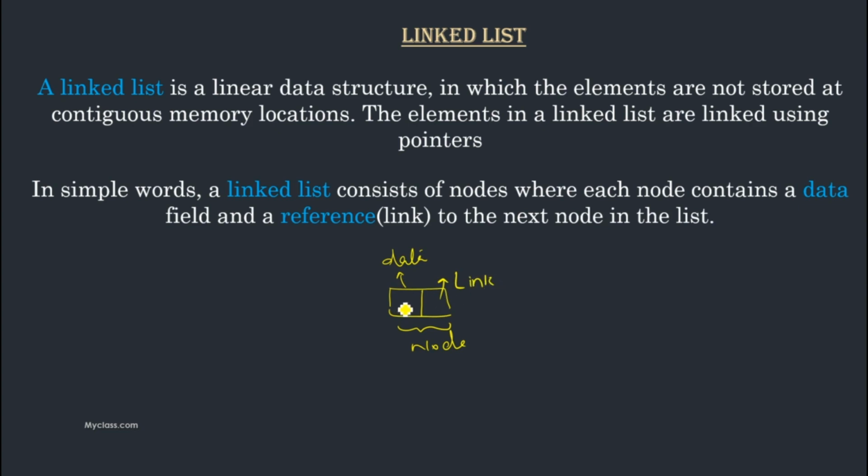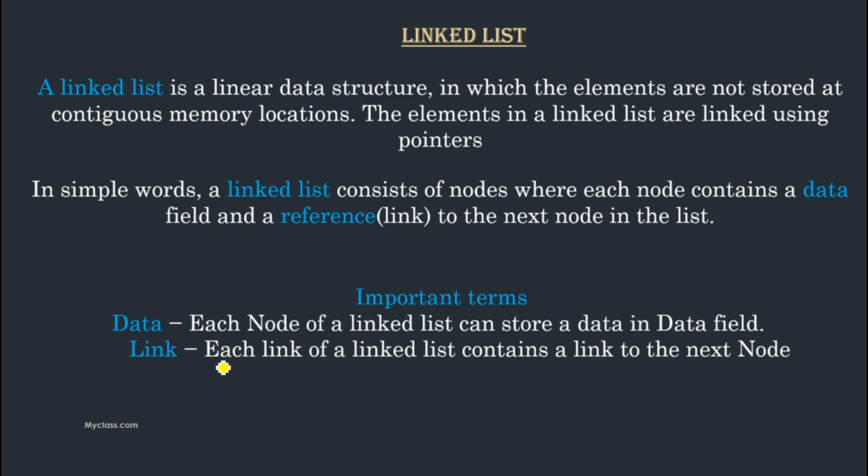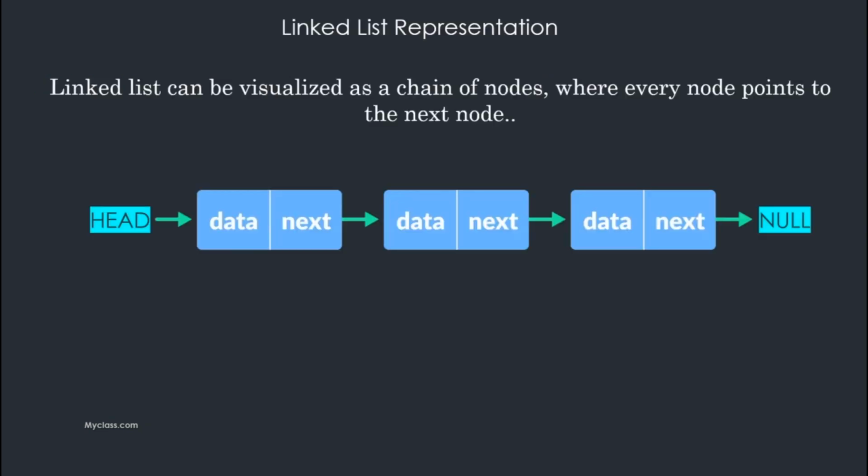Data is to store the data element, and link is to store the address of the next node in that particular linked list. Clear? Each node of a linked list can store data in a data field, and each link of a linked list contains a link to the next node. Those are the two important terms of a linked list: data and link.